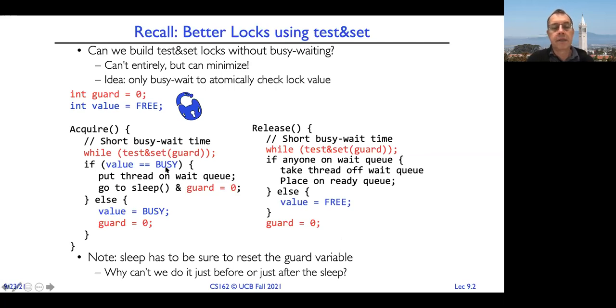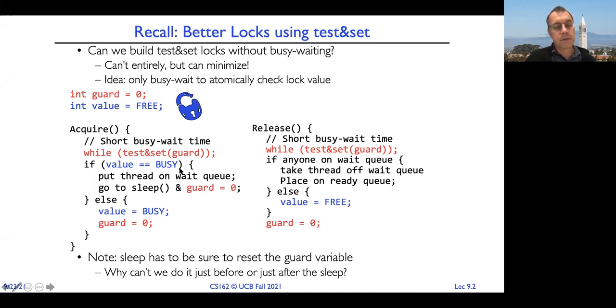Note that we have the same discussion as in the case of using interrupts to implement acquire and release, and that is about when we set the guard to 0. That is where you would disable the interrupts, and this needs to be done carefully. You cannot do it before sleep, and you cannot do it before putting the thread on the wait queue.